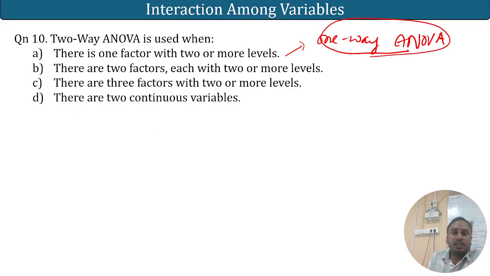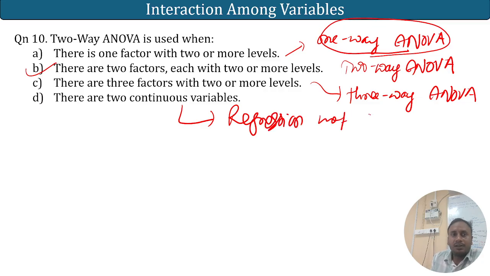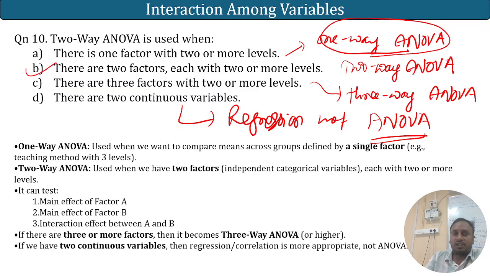If there are two factors, each with two or more levels, it's a two-way ANOVA. If there are three factors with two or more levels, it's called three-way ANOVA. If there are two continuous variables, it's called regression, not ANOVA. So the second option is correct.